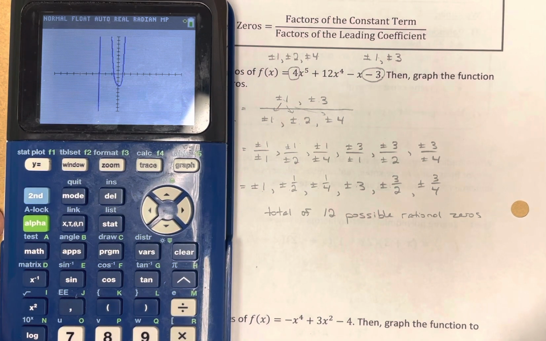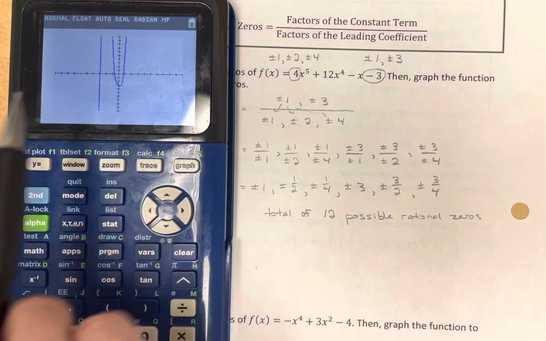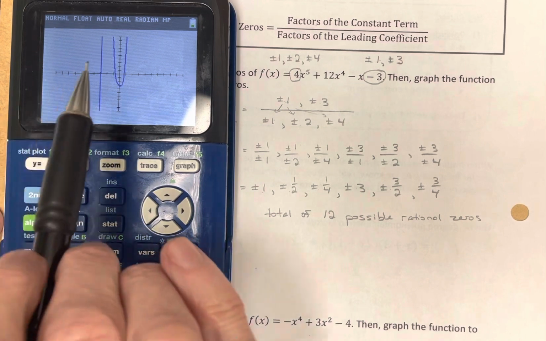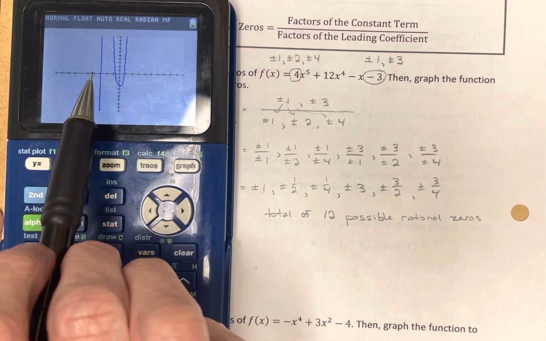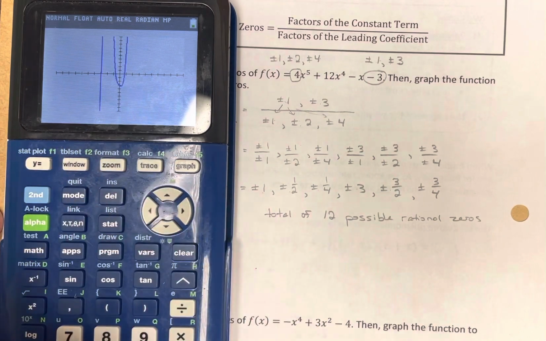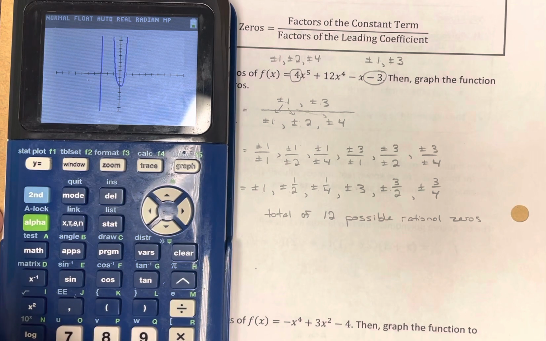Looks like I have 3 rational zeros here. I have three real number zeros. So I guess I have two zeros that are imaginary, but I have 3 real number zeros.